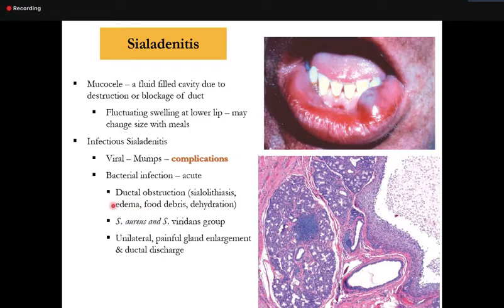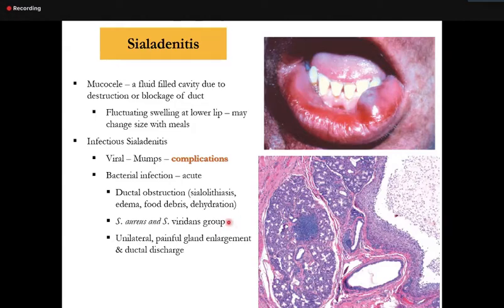Edema because of the swelling of the surrounding structures, because of injury, because of inflammation, these ducts can be blocked. Food debris in old people, in debilitated persons, can be a cause. Dehydration can be a cause. Then they are invaded by Staph aureus and Streptococcus viridans group organisms.